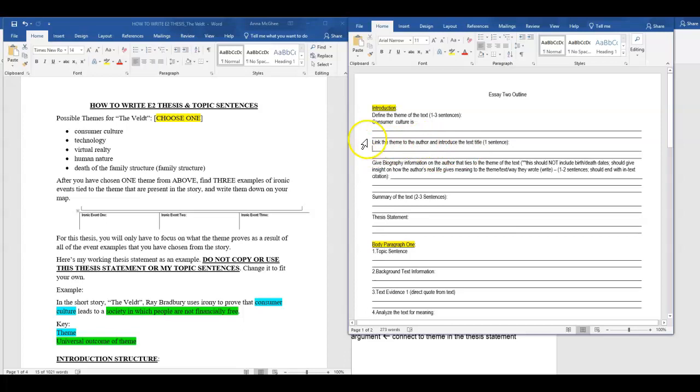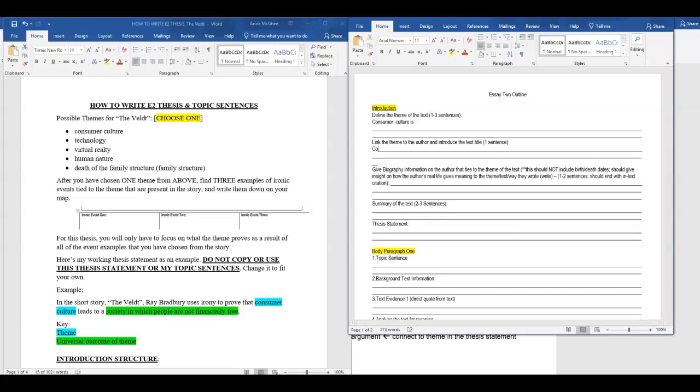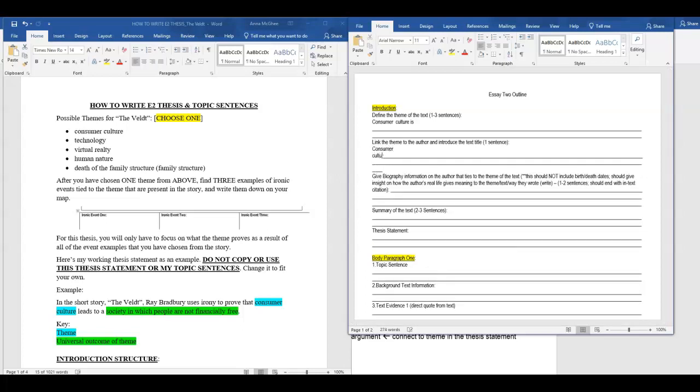Then everybody should have this same thing for link the theme to the author and introduce the text. So, consumer culture is a theme that can be seen throughout many short stories.